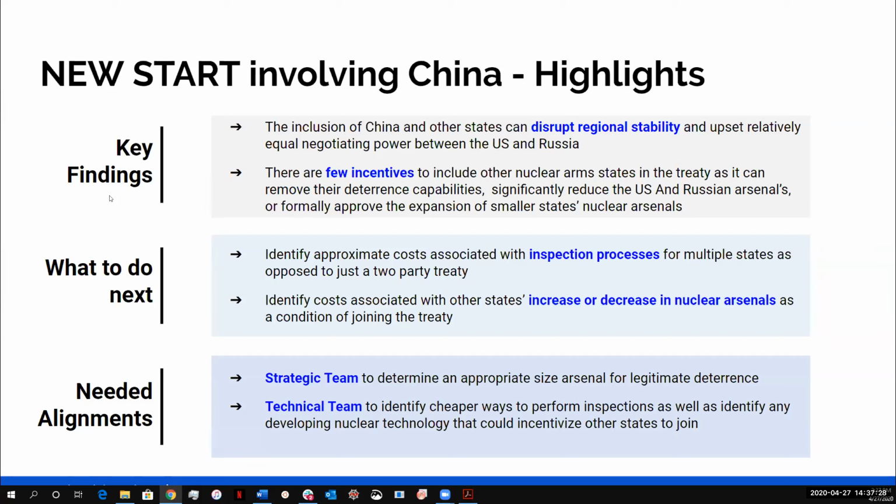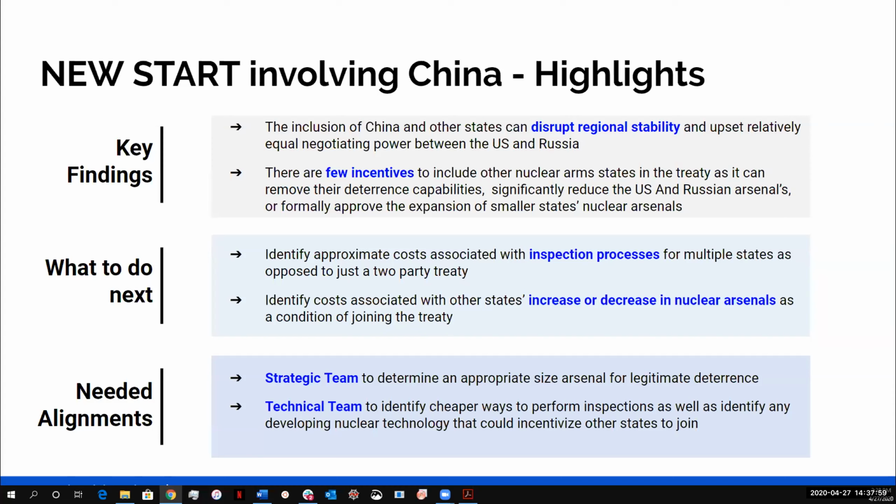Some of the next steps are going to be more exactly identifying costs associated with inspection processes if we include other states, instead of taking a linear approach and assuming that every additional state is going to cost the same amount. Similarly, we are going to have to look into how increasing or decreasing nuclear arsenals as a condition of joining the treaty is going to affect other states' budgets.